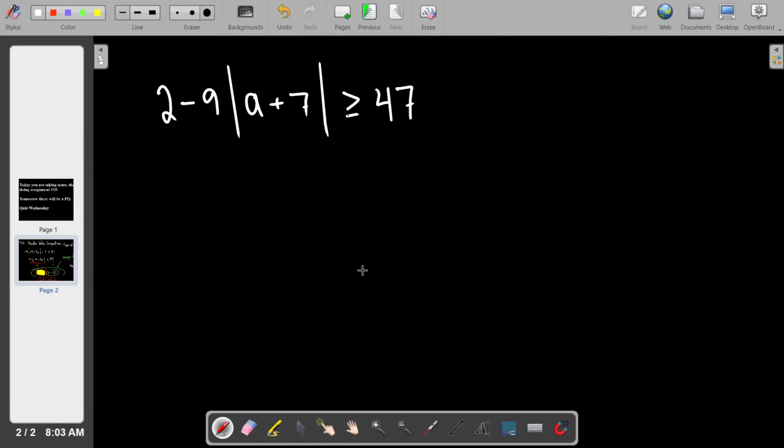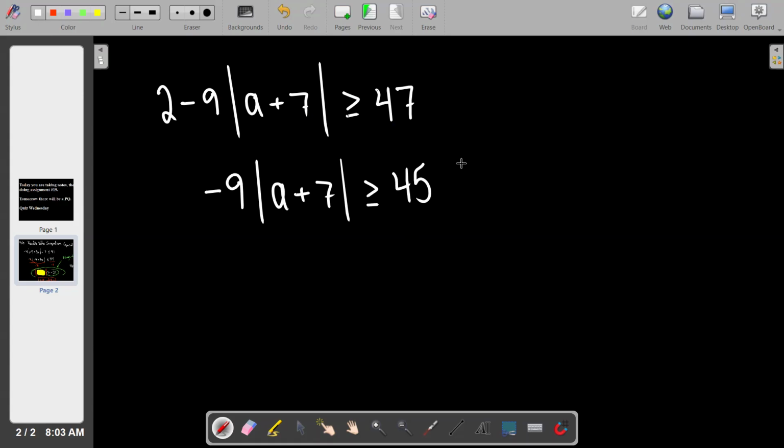What do we do first? Subtract that 2. All right, don't you dare try to combine the 2 minus 9. No, no, no. You get rid of the 2 by subtracting it, and you're left still with that minus 9, who's now called a negative 9, times the absolute value of a plus 7 is greater than or equal to 45.